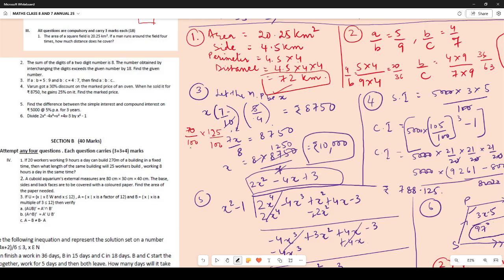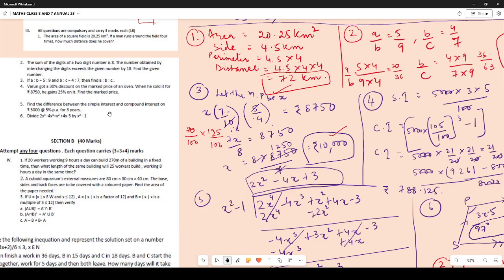So 70 by 100 becomes 7/10, and 125 by 100 becomes 5/4. So you multiply this x into 7/10 into 5/4. So you get 7x by 8 equals 8750, and when you solve this, you get the original price or the marked price as 10,000 rupees.